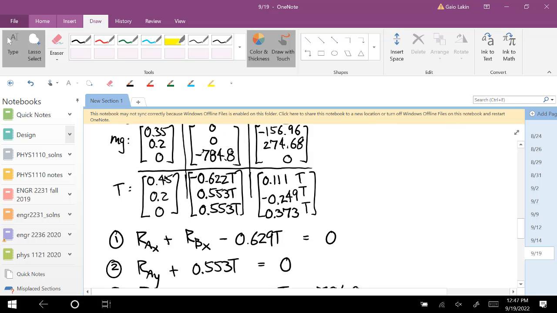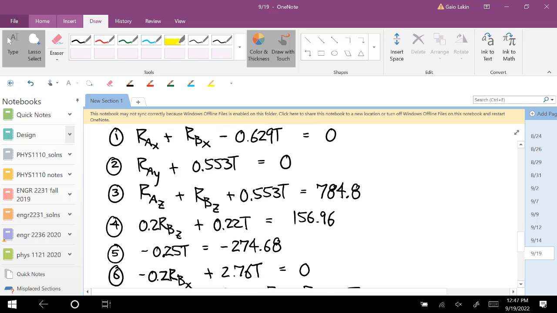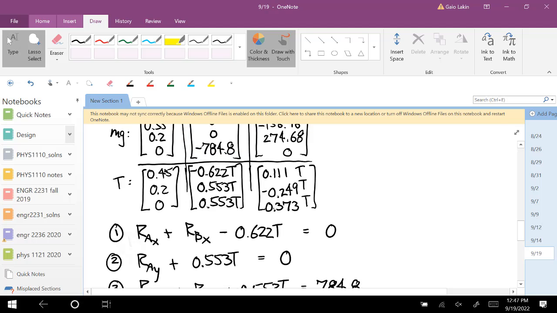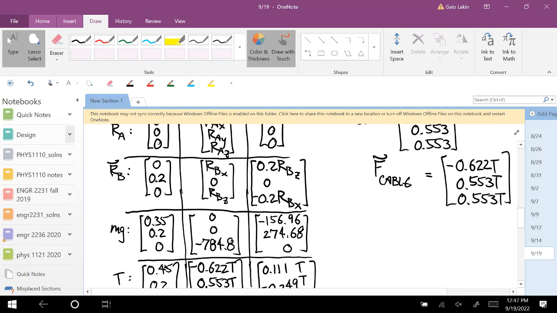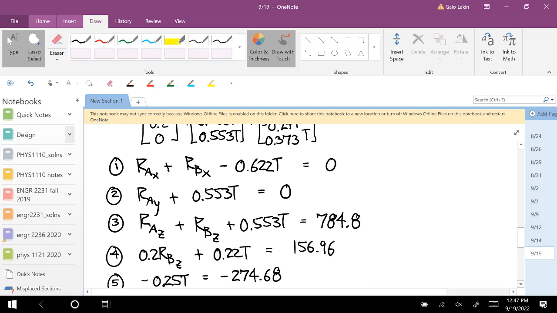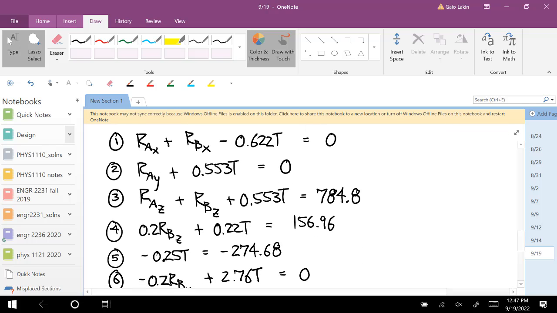Okay, everything else, if we keep it the same, the one thing we need to change is this should be 0.622. And for equation 4, this should be 0.11.